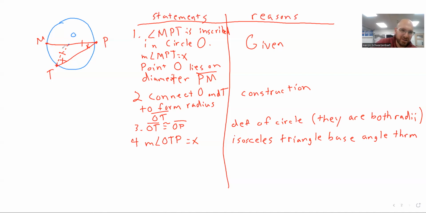The angle out here, MOT, is the exterior angle of triangle TOP.